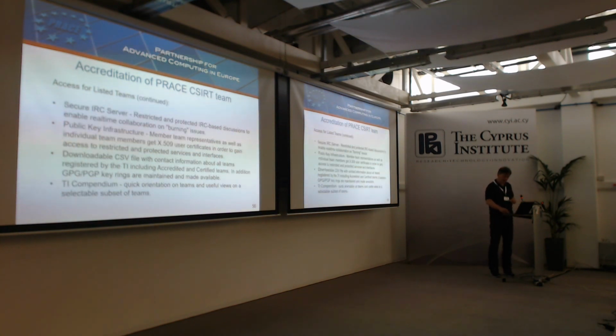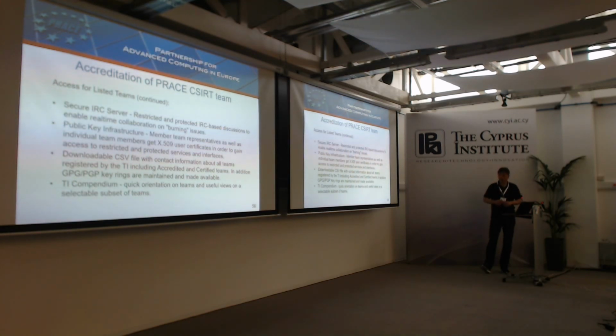And what you can additionally get: a secure IRC server, restricted and protected IRC-based discussions to enable real-time collaboration on burning issues; public key infrastructure, where member teams will be updated, as well as individual team members getting extra online certificates in order to gain access to restricted and protected services and interfaces. That's what I just talked about.